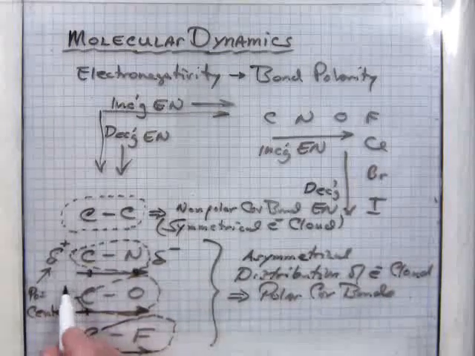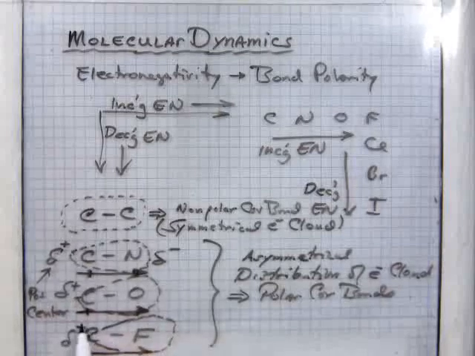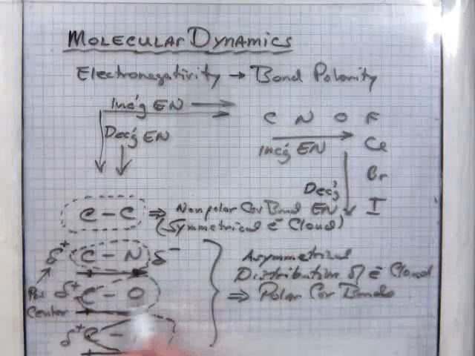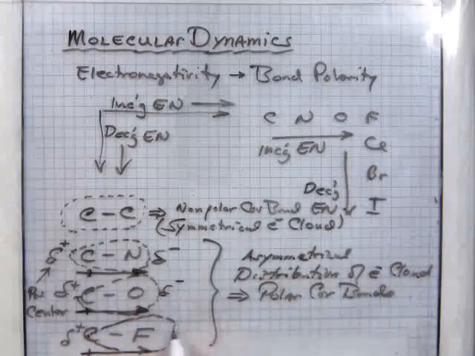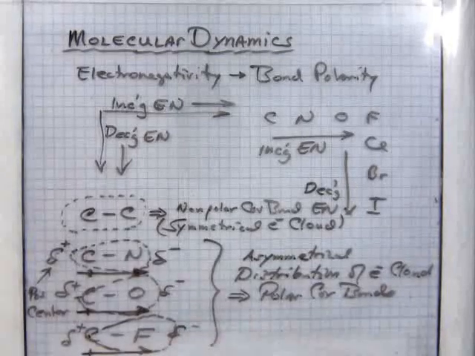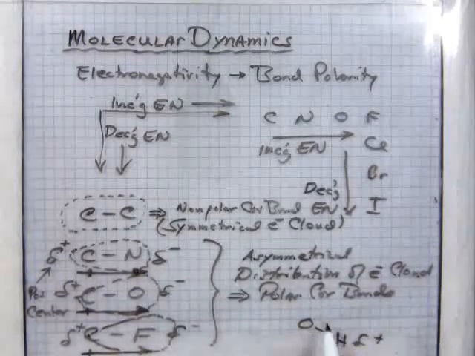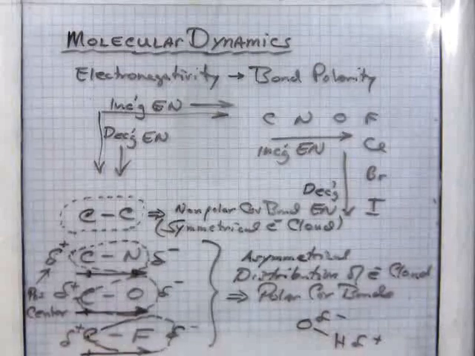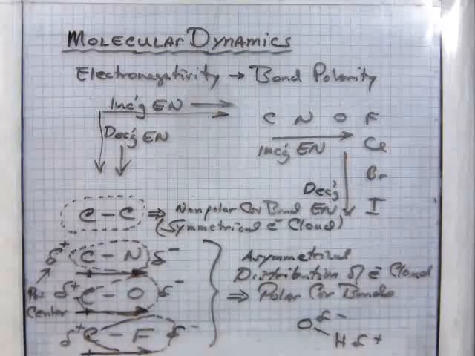The same goes for carbon-oxygen and carbon-fluorine. The more electronegative end is listed as a partial negative. Those are common notations you'll see in molecules. With oxygen-hydrogen, you'll see people write these notations between the bond showing that one side is more positive and the negative side is more electronegative.